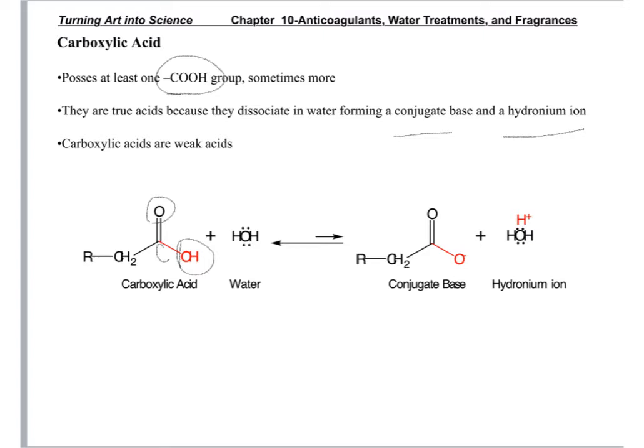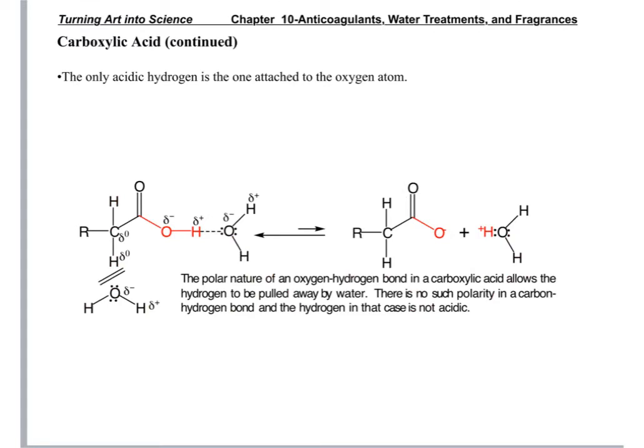They are considered to be weak acids, so remember, they do not completely dissociate. So here you've got your conjugate base that's formed, and then you have that hydronium ion that's also going to be produced. The only acidic hydrogen is going to be the one that is attached to the oxygen. It's this one right here. That's your acidic hydrogen.